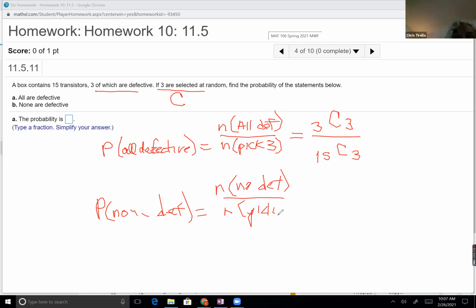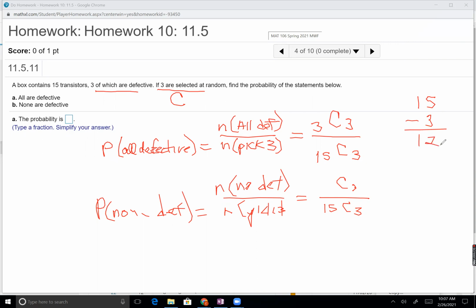Well, the number of ways I can pick 3, we already said was 15 combination 3. The numerator is going to be combination 3, but I'm picking from the ones that are not defective. How many are not defective? If there's 15 altogether, 3 are defective. Doesn't that leave 12 that aren't?